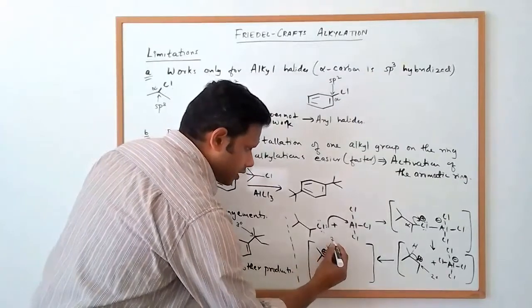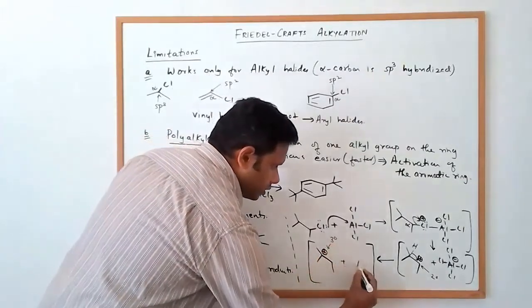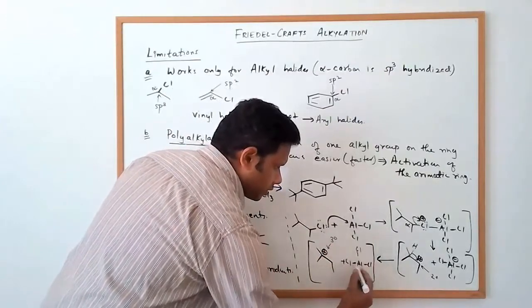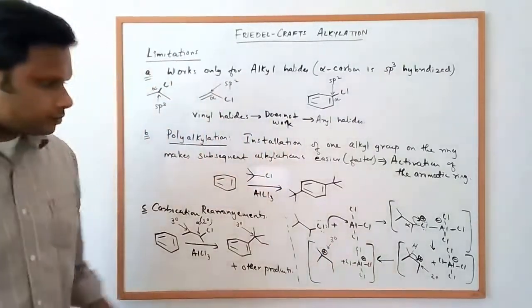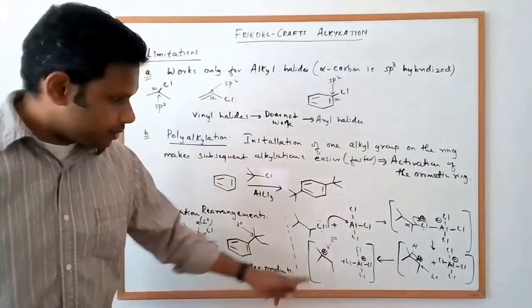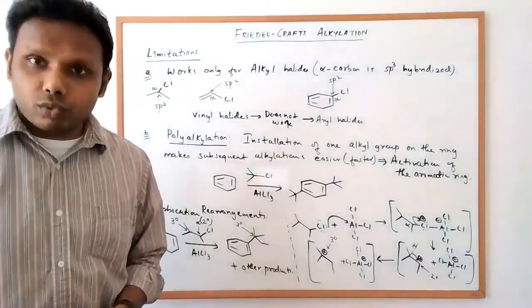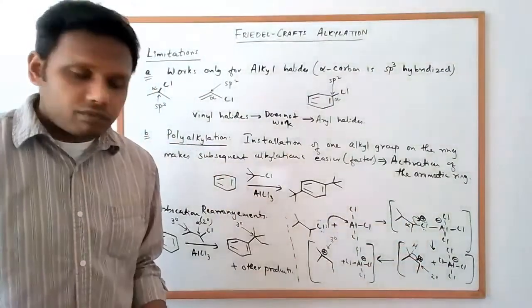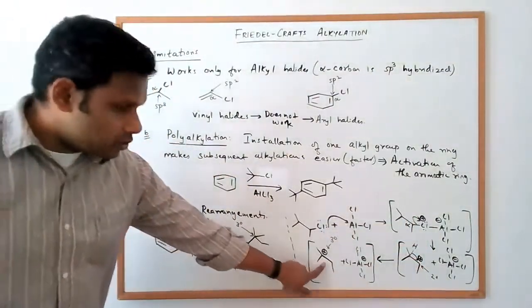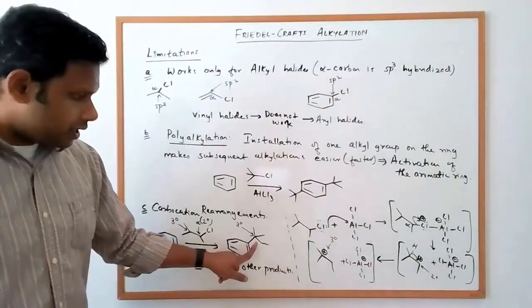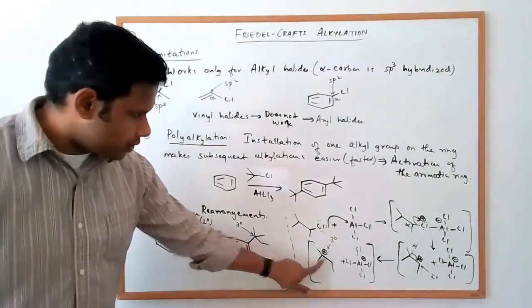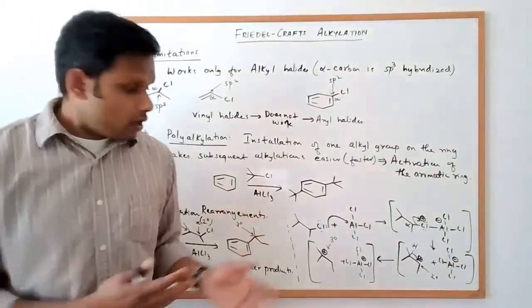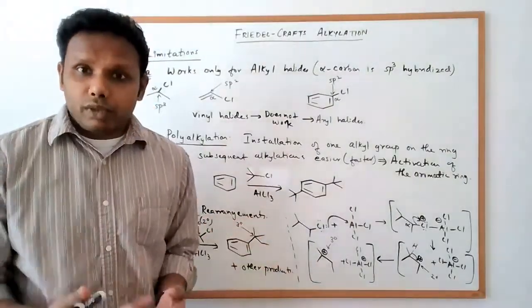You still have the aluminum tetrachloride. Because this tertiary carbocation is more stable, the hydride shift is going to be very favorable. And so that's why when you do the reaction, you would get the product where it's this tertiary carbon that's connected to the benzene ring, which is going to be the major product of the reaction.